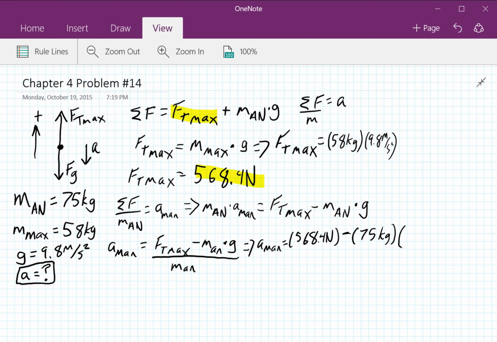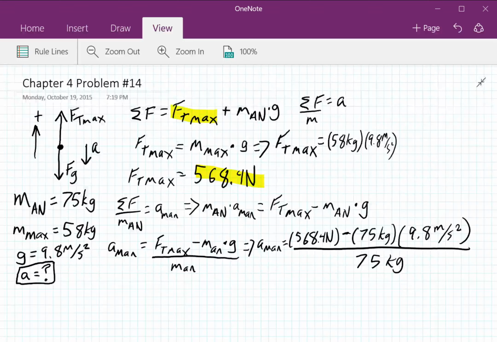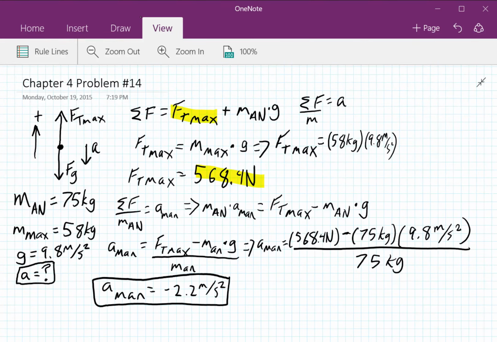It should be minus 75 kilograms times 9.8 meters per second squared, and then divided by 75 kilograms. You should get the acceleration of the man equals a negative 2.2 meters per second squared with sig figs. Let's see, 75 times 9. Yeah, okay, that looks good.